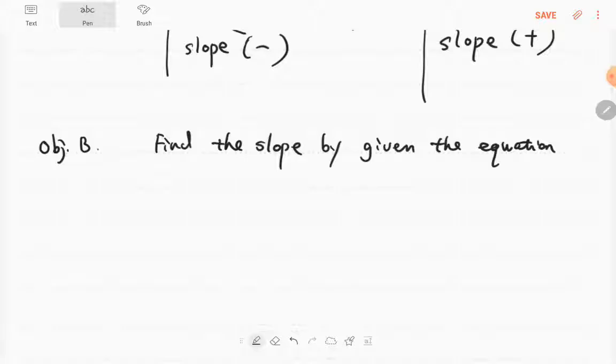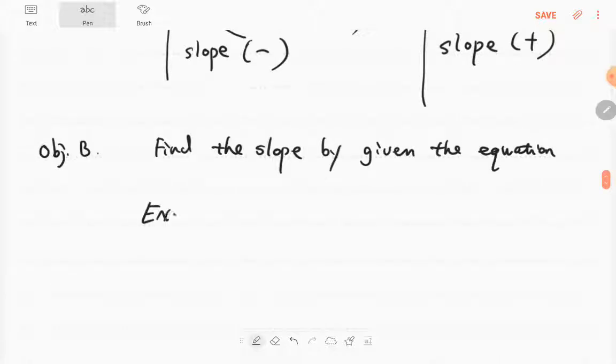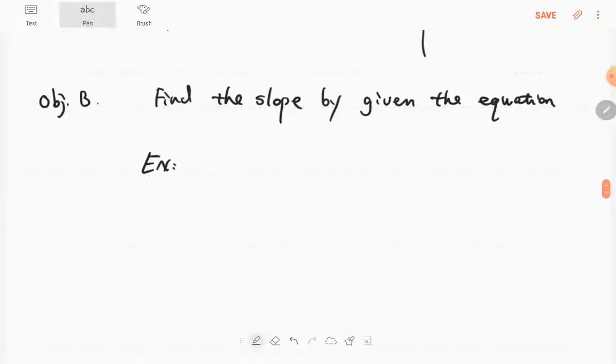Let's check the example to help us. But before we check this example, let's talk about another special form of the line equation.